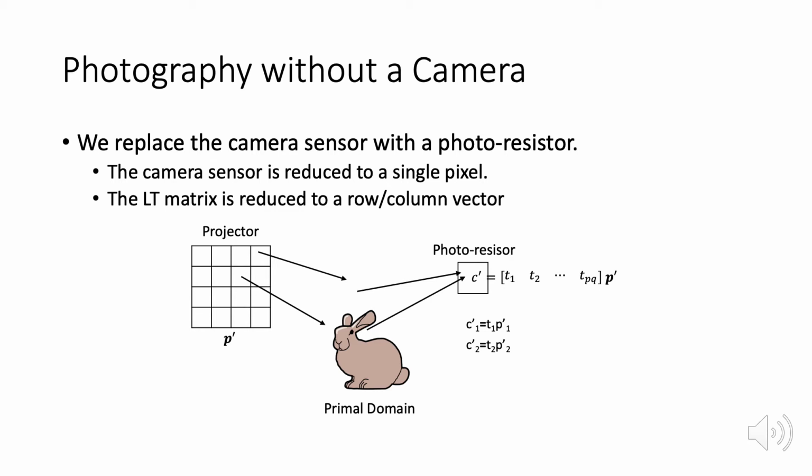Similarly, we can resolve T2, and we emit P'3 and get T3, and we emit P'4 and we get T4. By doing this, we can obtain every element in the light transport vector.